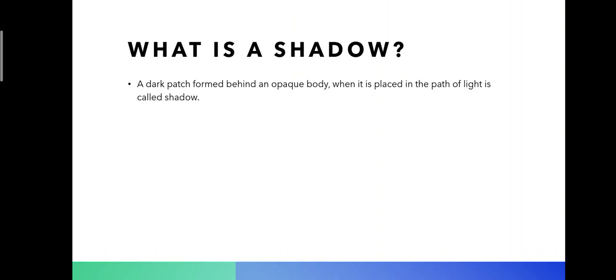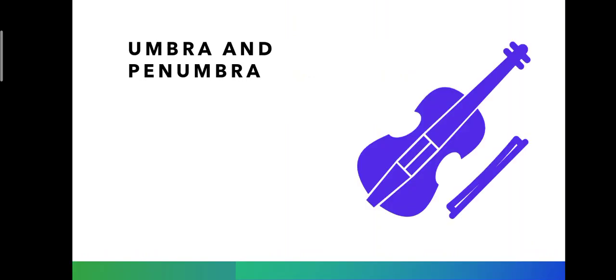Because when the path of light is obstructed by an opaque body, the dark patch found behind the object is formed on the screen behind it, opposite to the path of the light. That dark patch is known as a shadow.